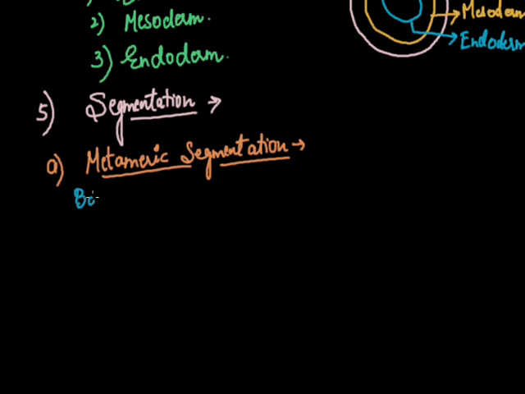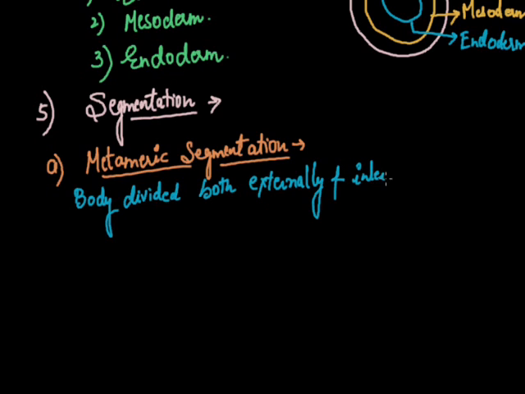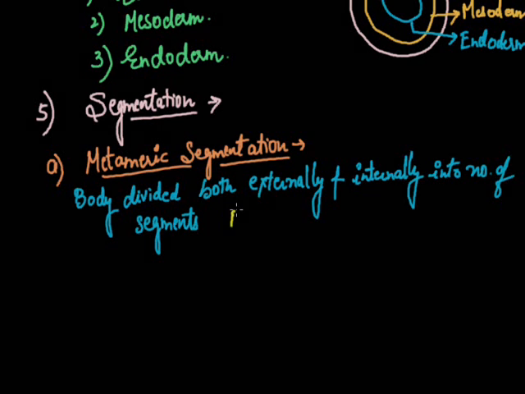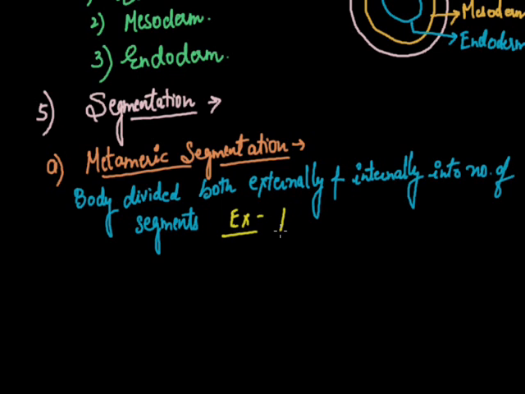In this, the body is divided both externally and internally into a number of segments. A very good example of this is arthropods and annelids. Their bodies are both externally and internally divided into segments.